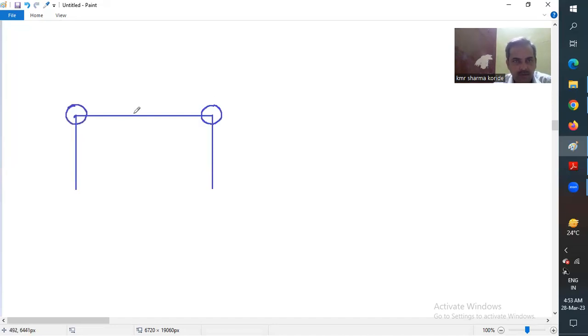This is a body of mass M2. Here are the 2 bodies. This is of mass M1. Now there is another string connecting M3 and M2.